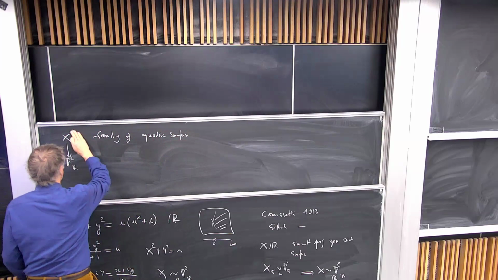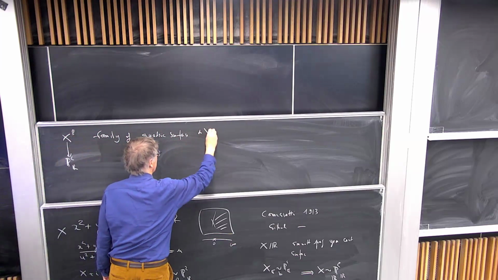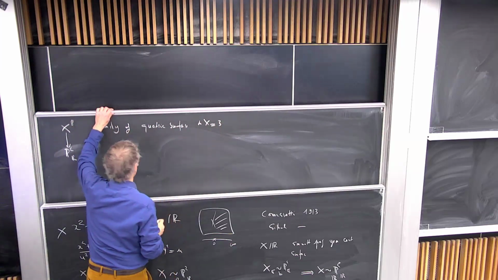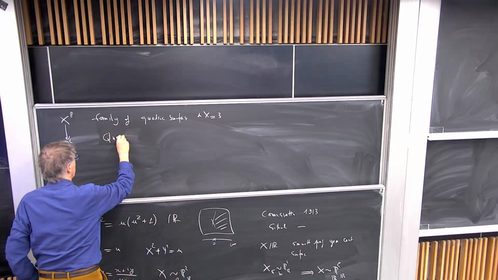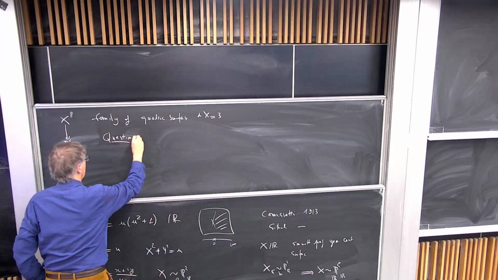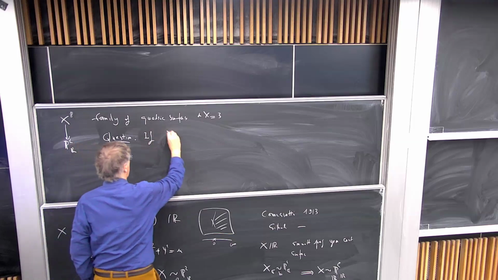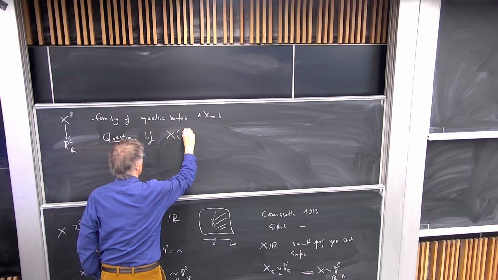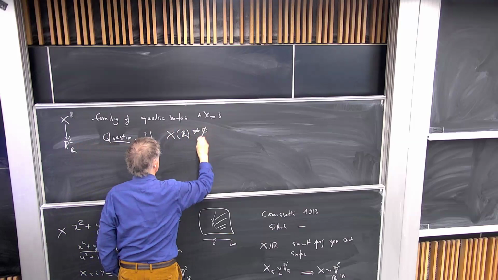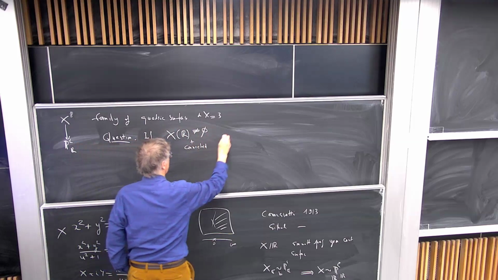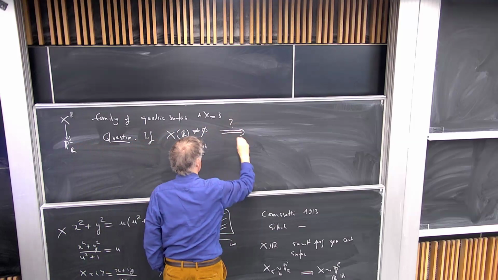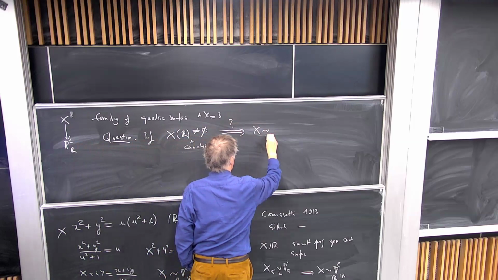And we ask the question: if X(R) is not empty and connected, does that imply that X is birational over R to P3R?